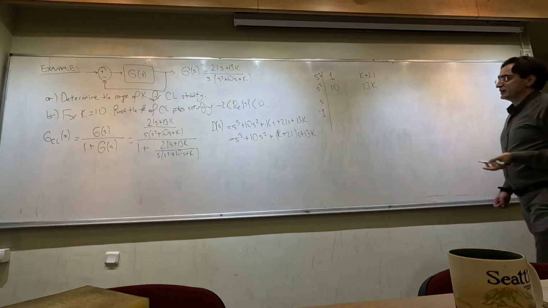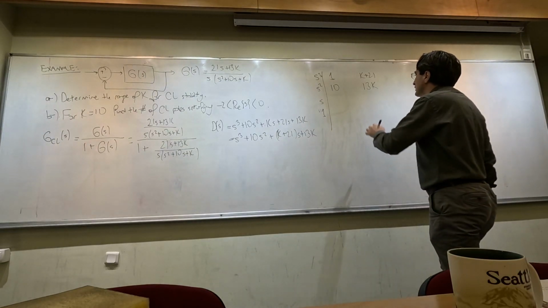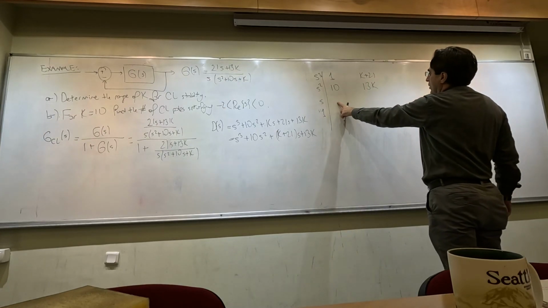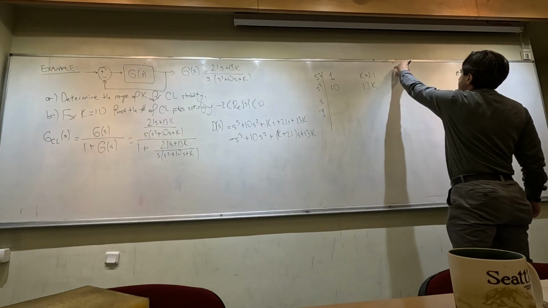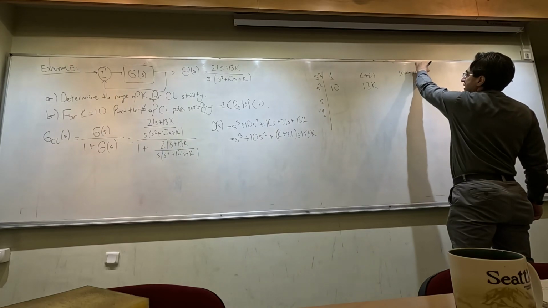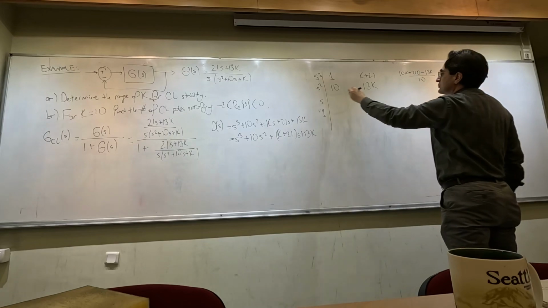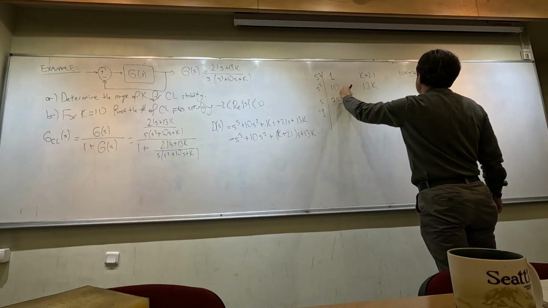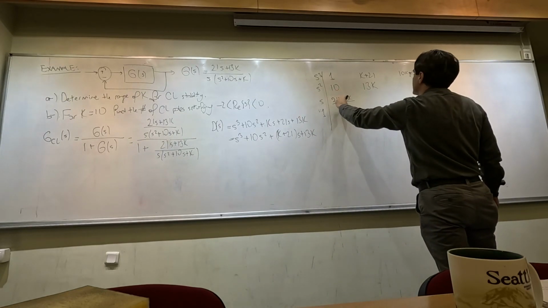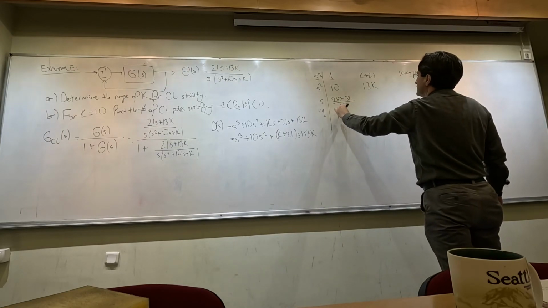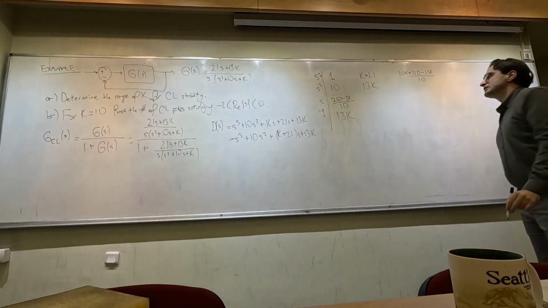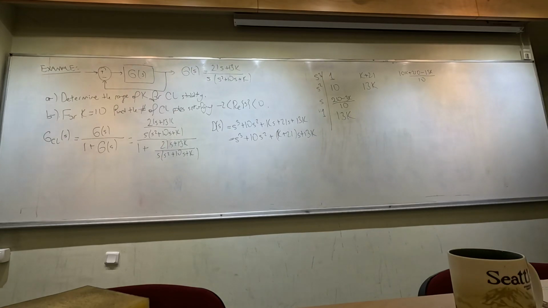Let us fill in the other rows. In this row I will have (10(K+21) minus 13K) divided by 10. So this is going to be (210 minus 3K) divided by 10 here. And here I will have just 13K. This will complete the Routh array.